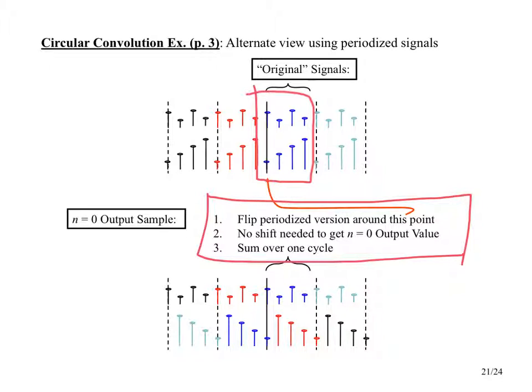Later we'll say, if they aren't, we'll zero pad the smallest one up to the largest one. But for right now, we're assuming that both signals we are to circularly convolve are the same length. So there are our originals, and then we periodize them. We just create a periodic version of them. Okay, so we've done that.